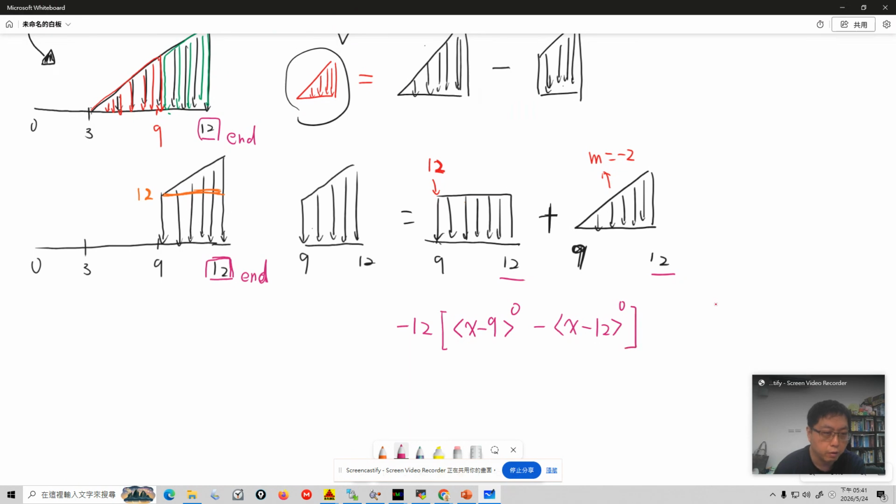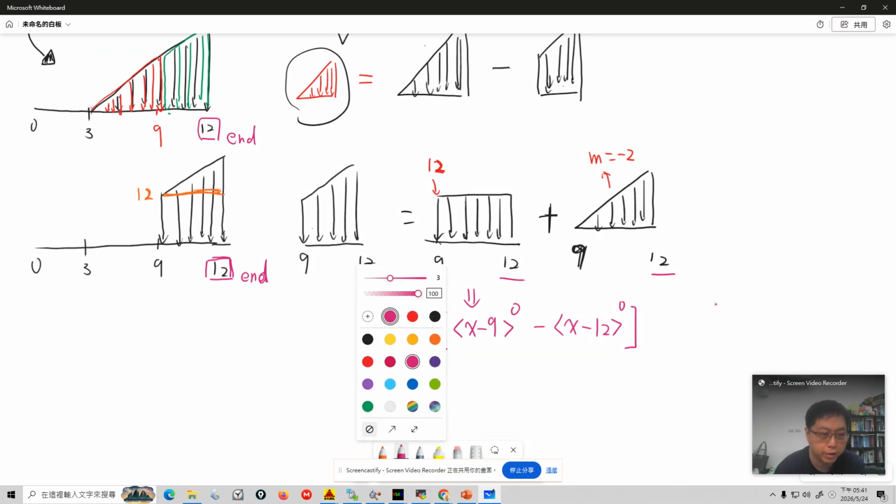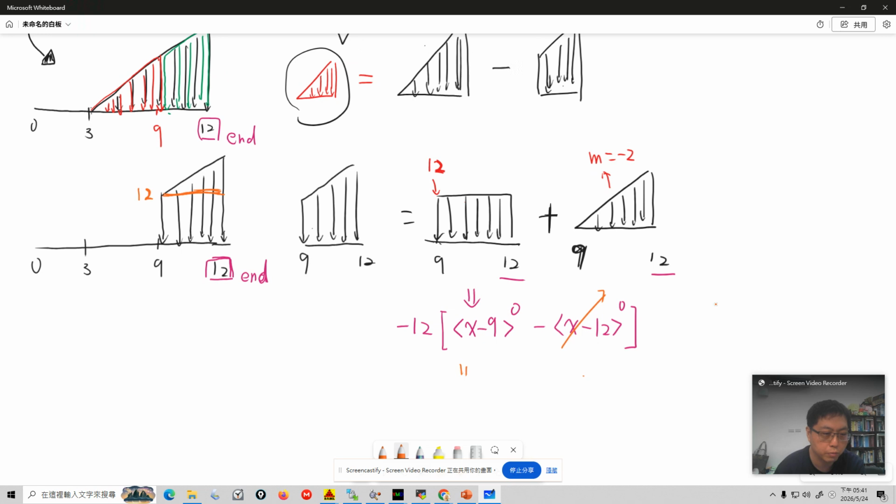In the previous section, we know that everything at the end can be ignored, so we can ignore this. So this will be minus 12 times x minus 9 to the power 0. This is the uniform distributed load as a discontinuity function.